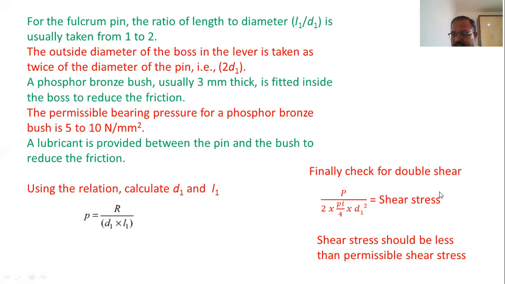If the value of shear stress is within the limits, less than the permissible value, the permissible value can be calculated as 0.5 SYT upon factor of safety. If it is found to be less than the permissible value, then we can say that the fulcrum pin is safe in shear. And in this way, we can calculate all the dimensions related to the cross section of the lever, the diameter and dimensions of the pin, and the calculation of the forces.